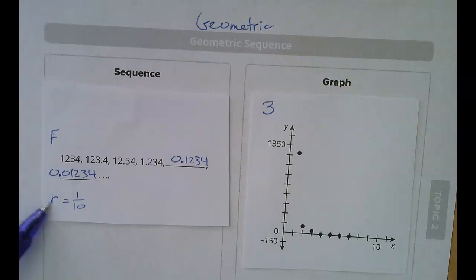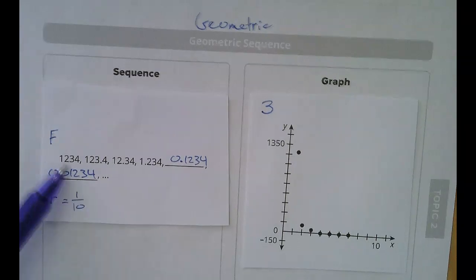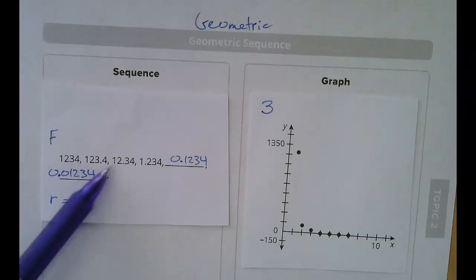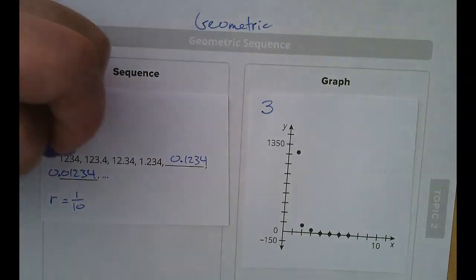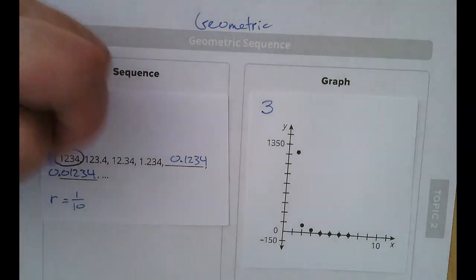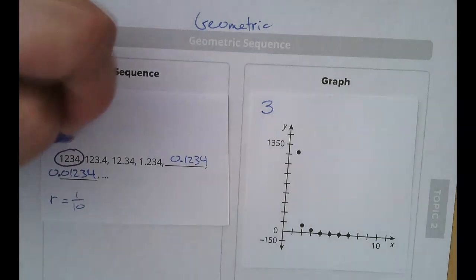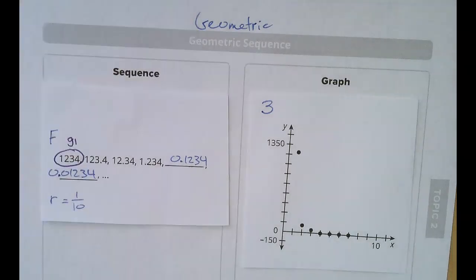We also will need to know the first term of our sequence, which in this case is 1234. Okay, so we have the two pieces of information we need. We have the first term of our geometric sequence, and we have our common ratio, or our r value.